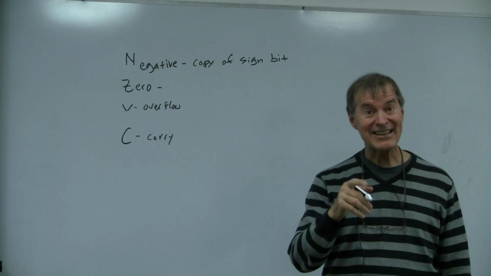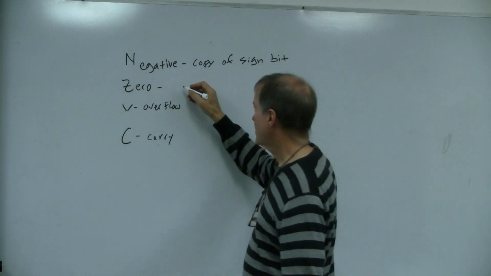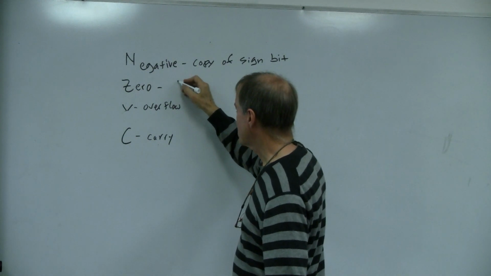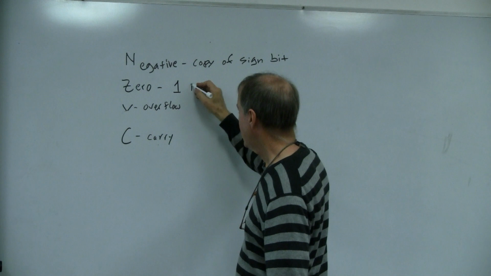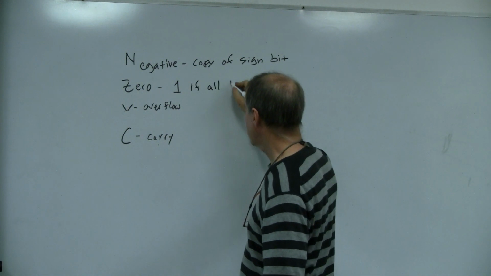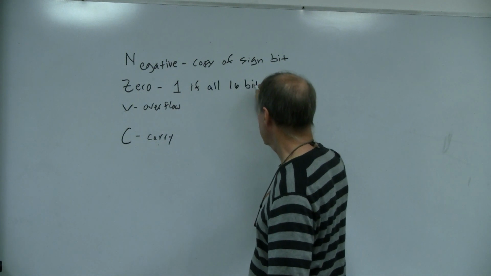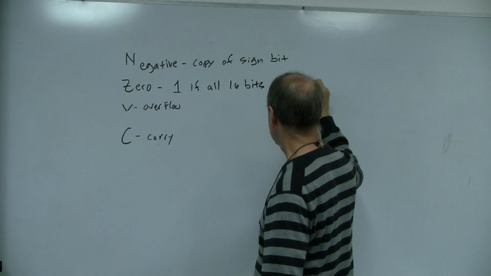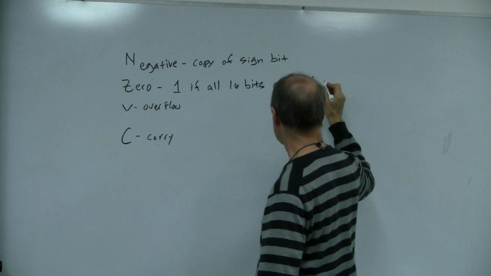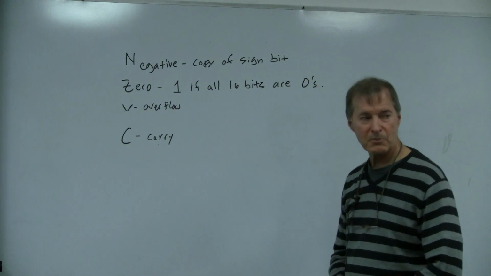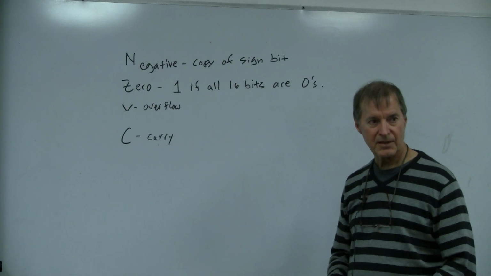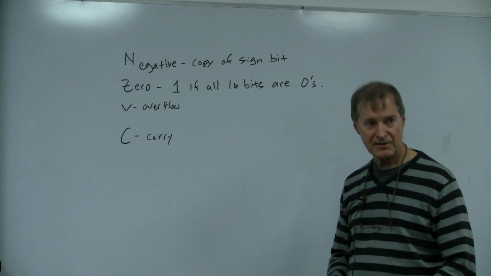All 16. So it's 1 if all 16 bits are zeros. Are you with me? Is everybody clear on that?